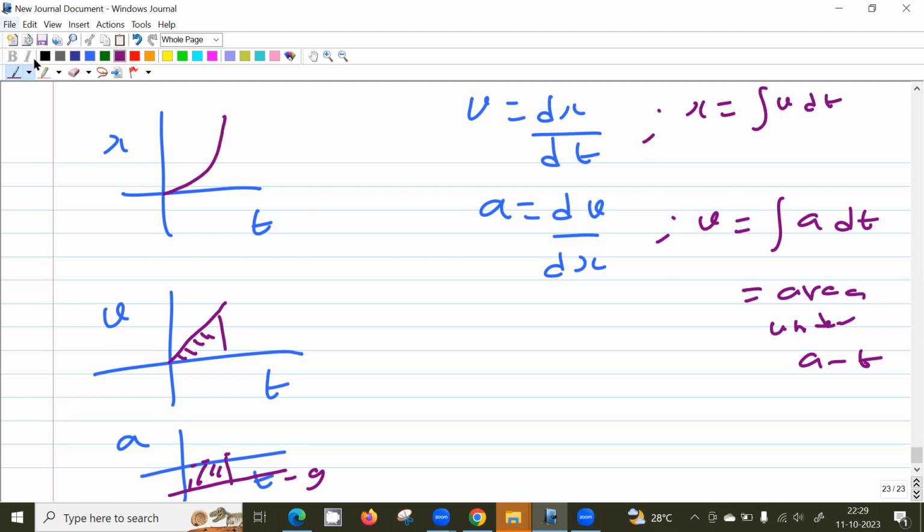Another thing is the derivative of the x of t curve is the velocity, so v is the slope of the xt curve, because the geometrical meaning of the derivative is slope. If we take the slope of the v versus t curve, it will be acceleration.